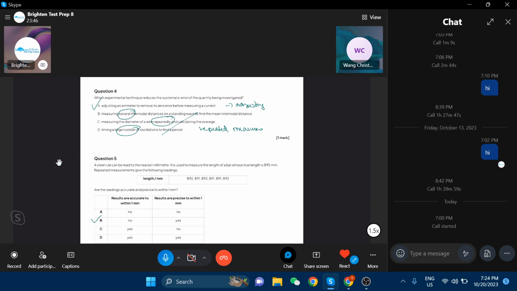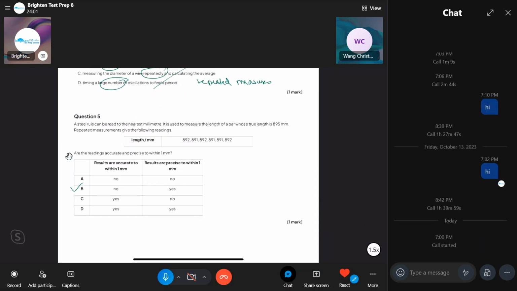So obviously, are they accurate to within 1 millimeter? Nope. They are not. So it's a no. So then we have already eliminated C and D. And why is it now not A? Because all the values are within a millimeter range. Yeah, exactly. So this one, you just have to look at it really carefully, and the answer is then quite straightforward. Yeah, that's good.